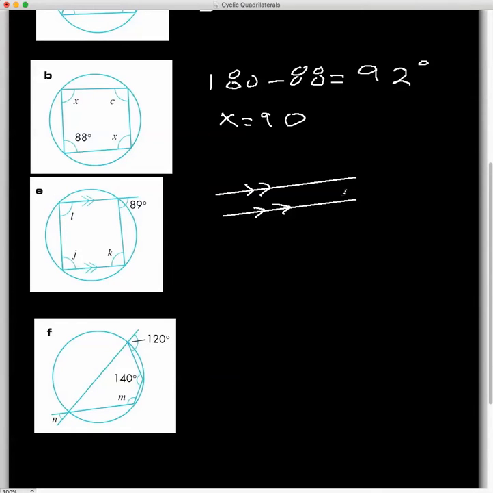For instance, I can show you one. If I draw a line along here, and this line crosses these two parallel lines, this angle here is exactly the same as this angle here. Okay, so these two angles are the same. That's the theory of parallel lines.